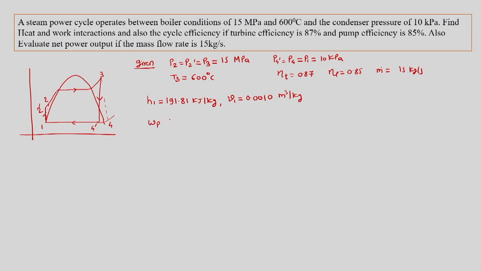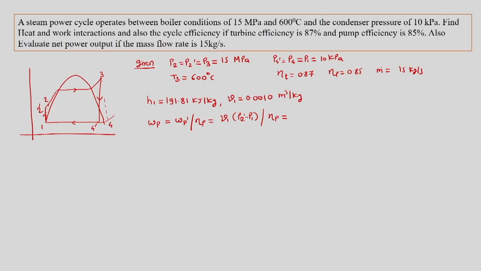So we can find out WP, and then that is WP dash divided by pump work. So that is nu 1 into P2 minus P1 or P2 dash minus P1 divided by pump efficiency.